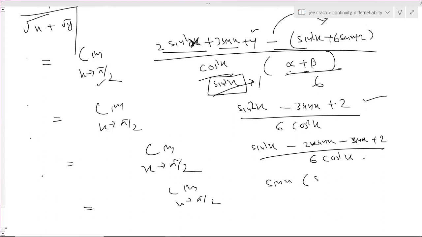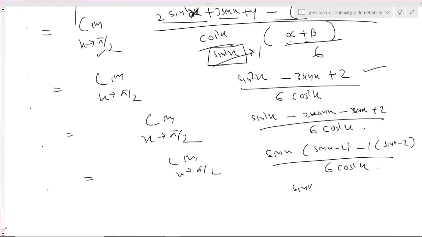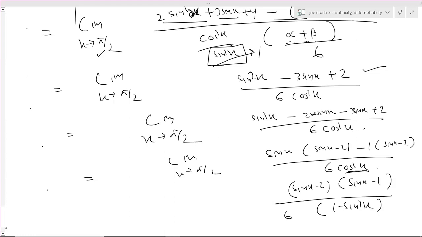Take sine x common: sine x minus 2, minus 1 (sine x minus 2), whole divided by 6 cos square x. So this is sine x minus 2 into sine x minus 1. And this thing we can write as 1 minus sine square x. The steps are clear.